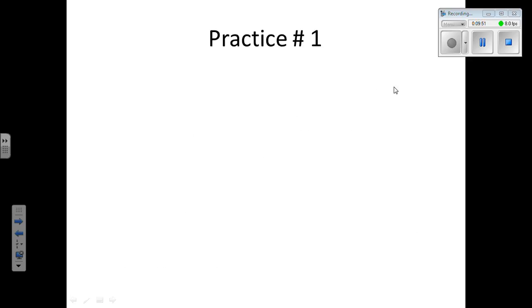Okay, so let's try some practice. Turn to page 21. We're going to match each of the graphs with the correct systems of linear inequalities. So what we're going to do first is try and graph them by ourselves.